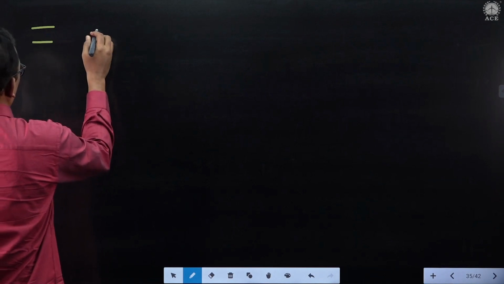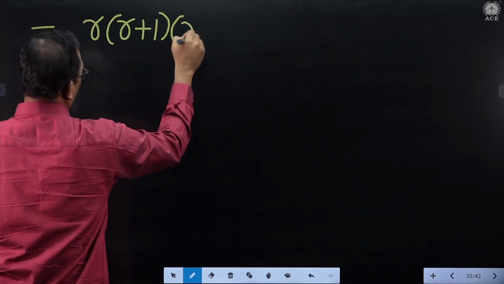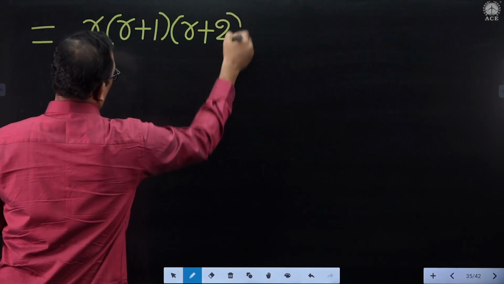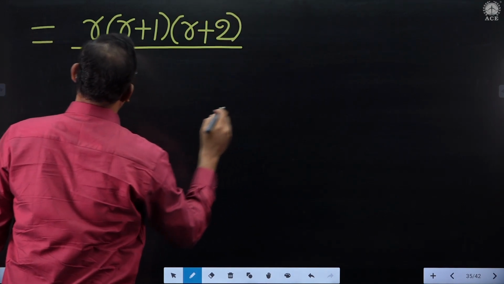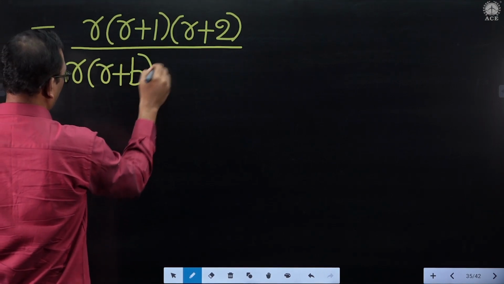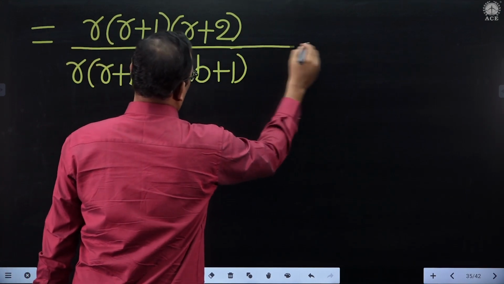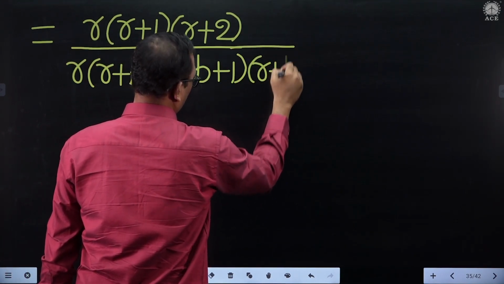This is equal to r plus 1, r plus 2 by denominator as it is, r into r plus b into r plus b plus 1 into r plus b plus 3.